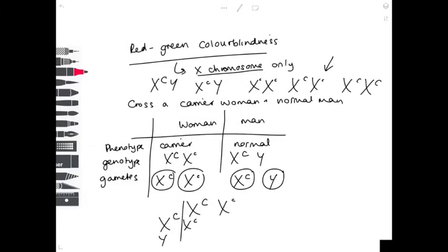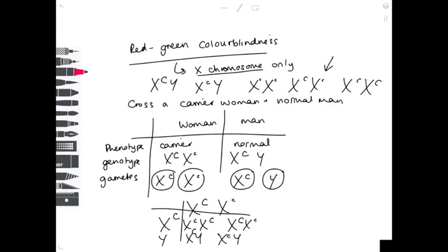So this first offspring will be just a normal offspring. The second offspring will be a carrier of colour blindness. This male offspring will be normal, and this final male offspring will have colour blindness.